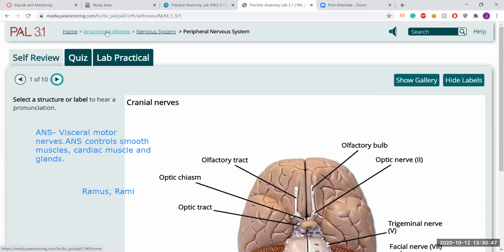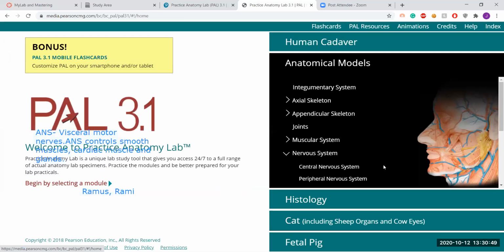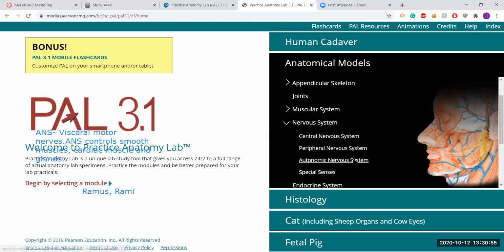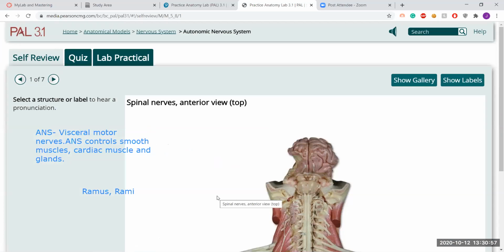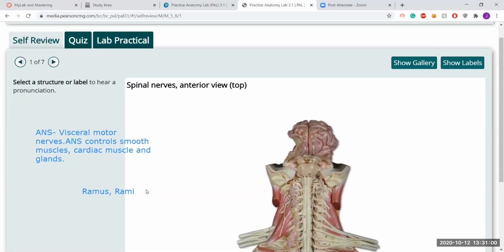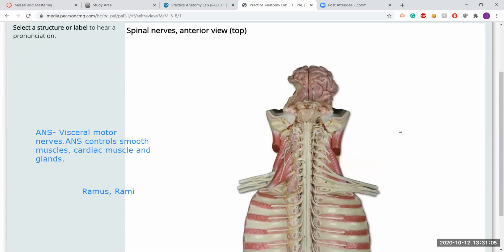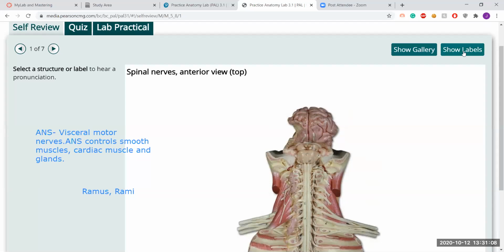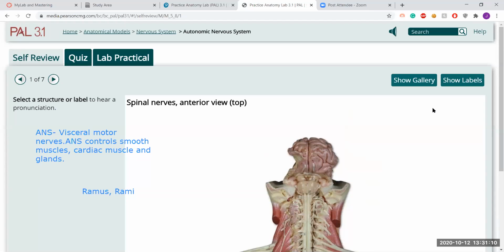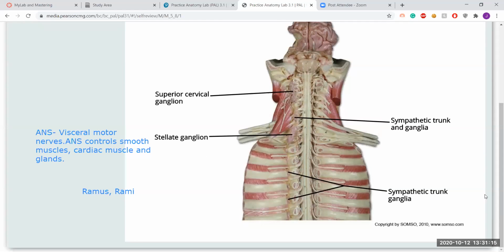Okay, let's go to nervous system, autonomic, anatomical model of the autonomic nervous system. So these are all the ganglia, groups of neuron cell bodies outside the spinal cord.